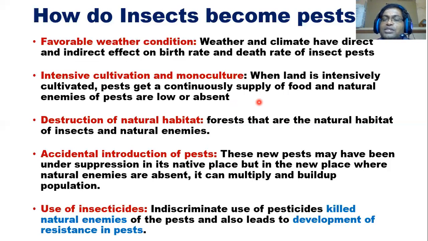So with monoculture, no diversified environment means a rich source of food for the pest insect. Then the insect will multiply and it will become a pest, right?